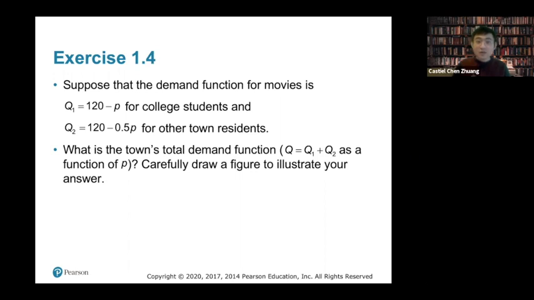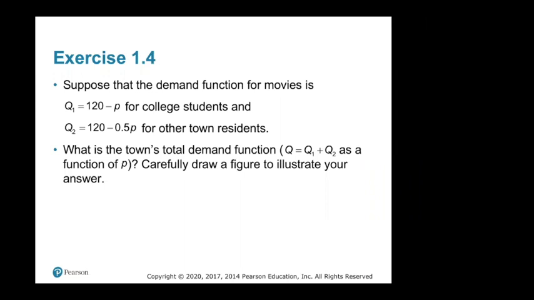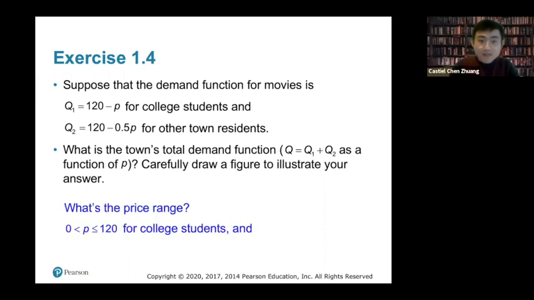So when the price is lower than 240, there is still demand among the other town residents. Maybe they have higher savings, or they have more money in their pockets to buy. So we have to be careful about the price range first when aggregating those demands.